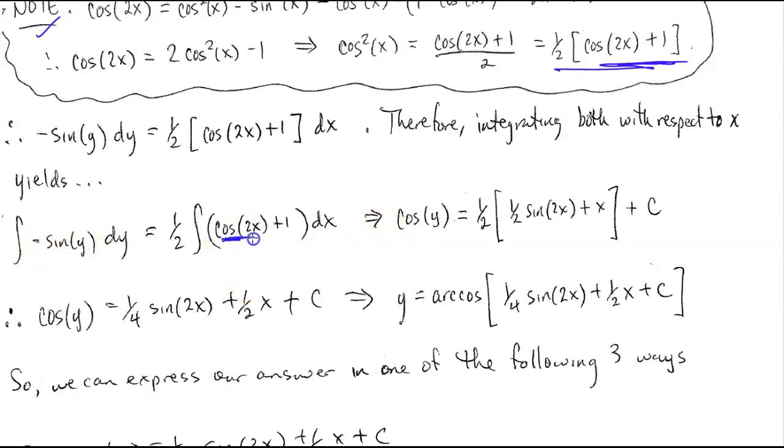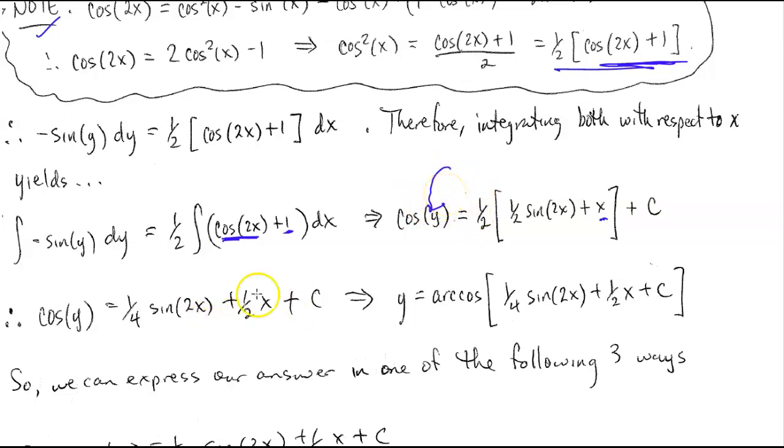And of course, for this first term here, we could use the substitution rule to take the antiderivative of that, and that's how we get the 1/2 sine of 2x. The antiderivative of 1 is just x. And so then from this point, again, our goal, if we can, is to solve for y in terms of x explicitly.